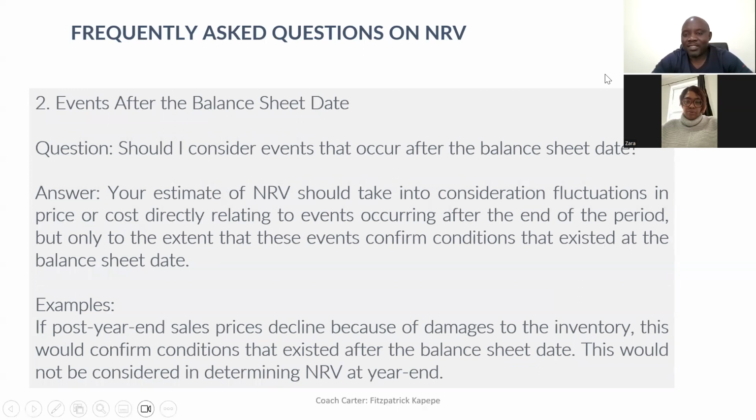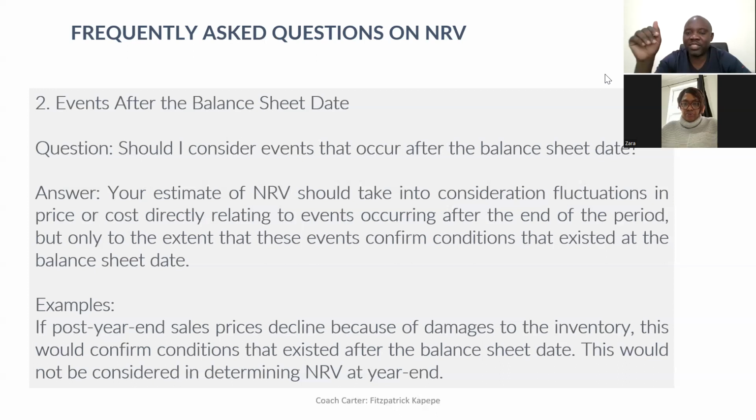Events after the balance sheet date. The question would be, should I consider events that occur after the balance sheet date? Your estimate of NRV, the net realizable value, should take into consideration fluctuations in price or cost directly relating to events occurring after the end of the period.